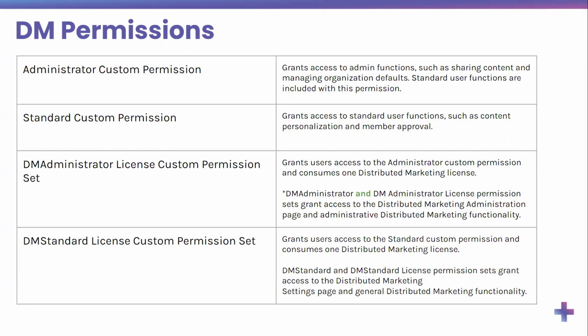So the application I mentioned earlier, and really all other administrative distributed marketing functionality. For standard users or the end users we have scoped, you'll want to assign them a standard custom permission as well as the standard license. The coupling of both of these will actually grant users the ability to utilize the standard distributed marketing functionality and give them access to settings where appropriate.